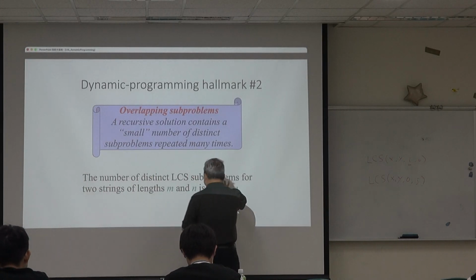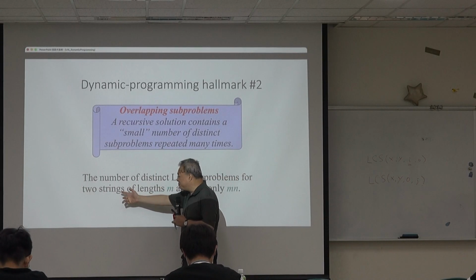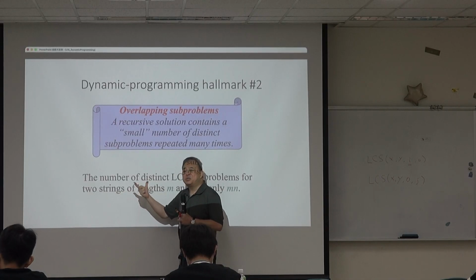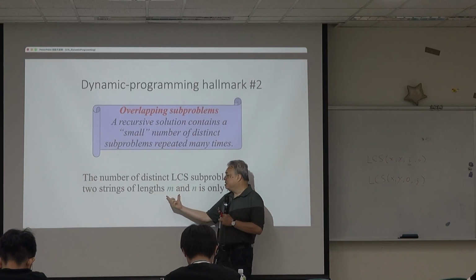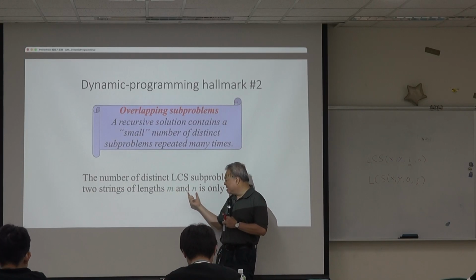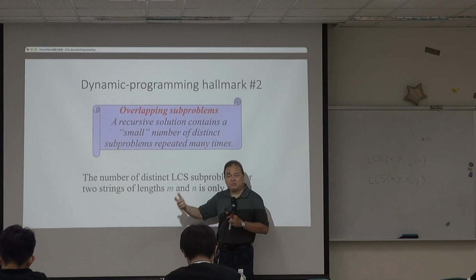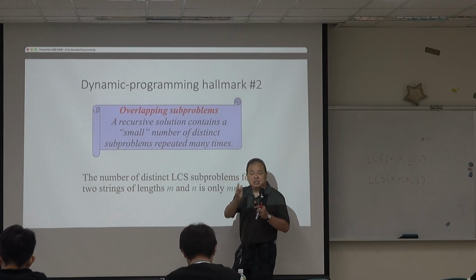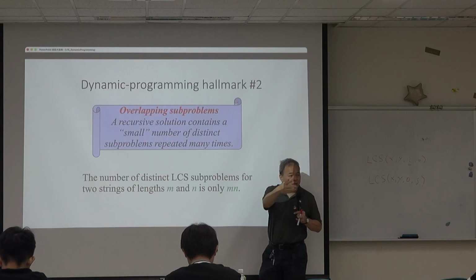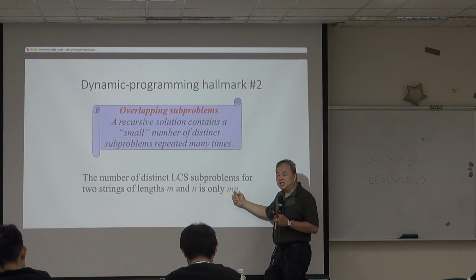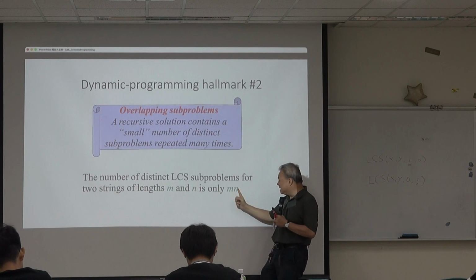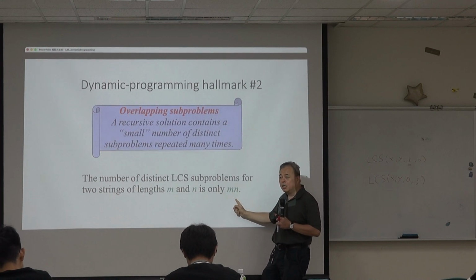If you consider all the possible different lengths that you could have from two sequences of lengths m and n, the possible combinations of different lengths that you could compute is m times n, right? Instead of exponential, it's this, right?